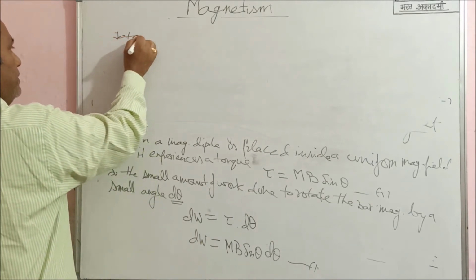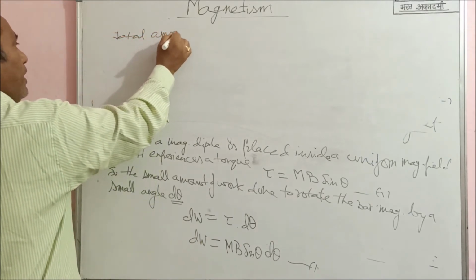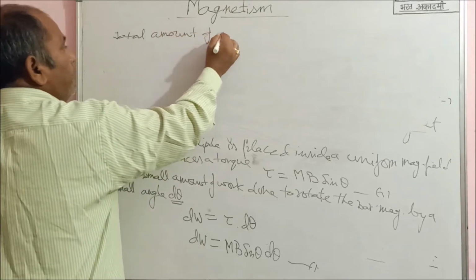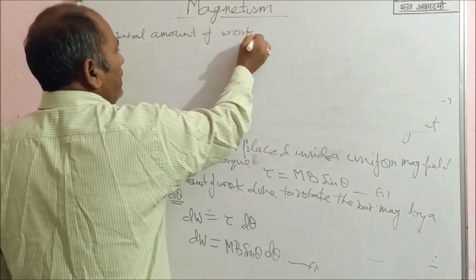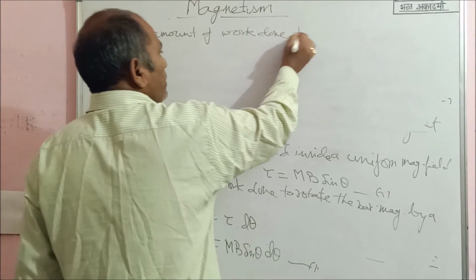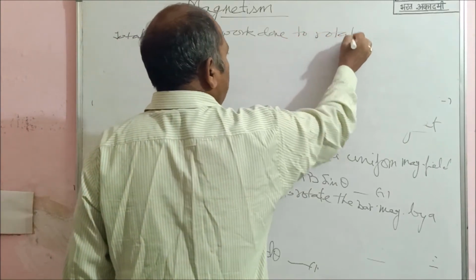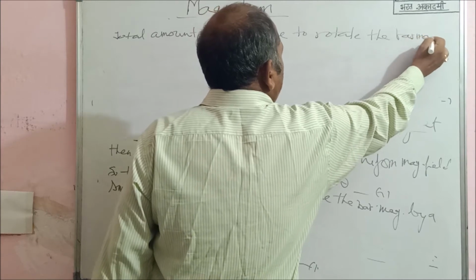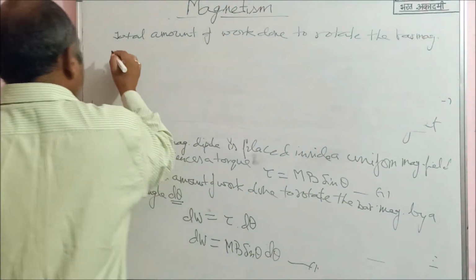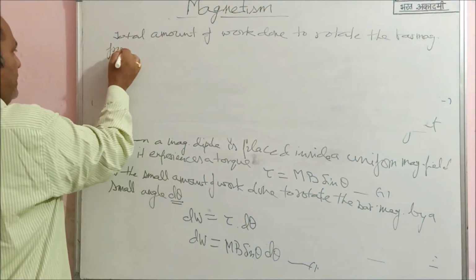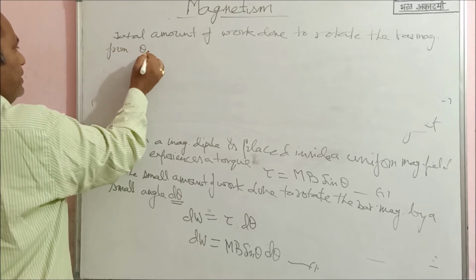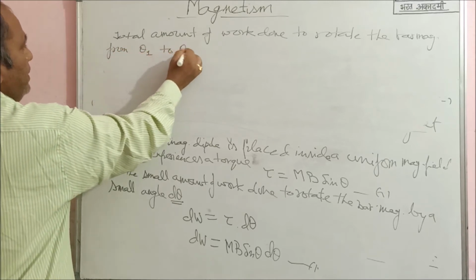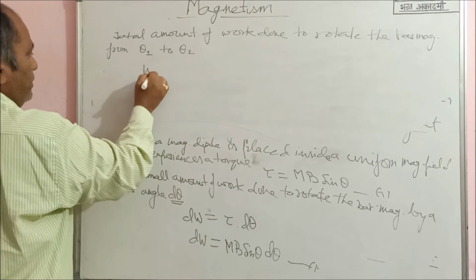Total amount of work done to rotate the bar magnet from a limit we can adjust, from theta 1 initial angle to theta 2. What will be W?